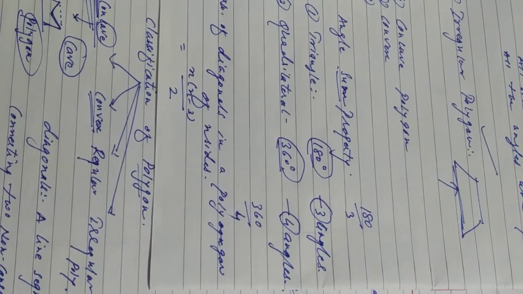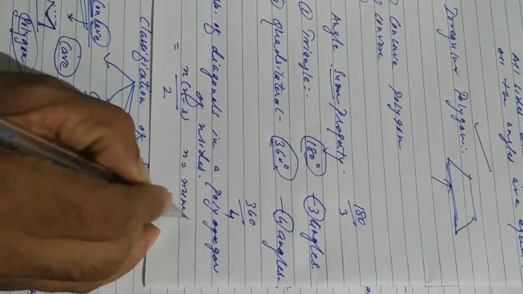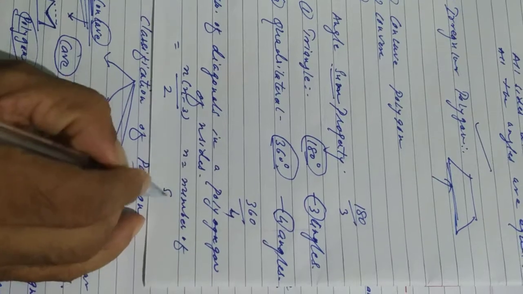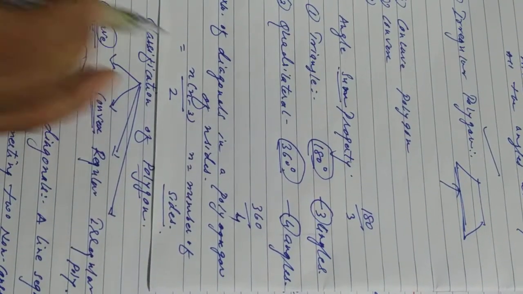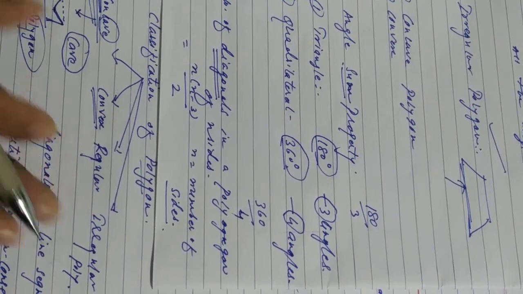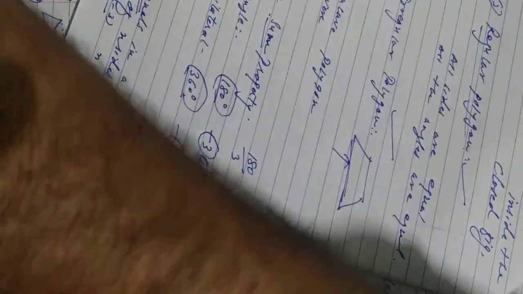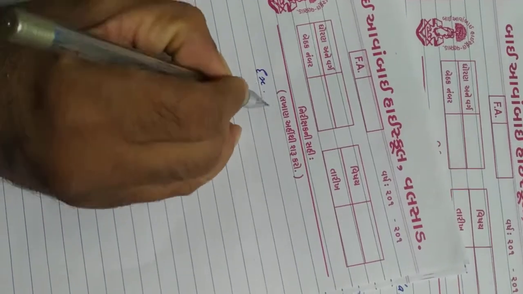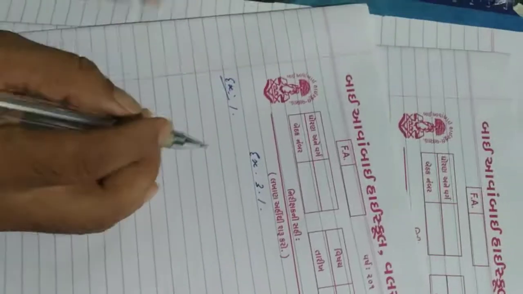The number of sides, right? N is equal to the number of sides. So by it we can find out the number of diagonals in the given figure. Got it? Now let's discuss example number 1 of exercise 3.1.